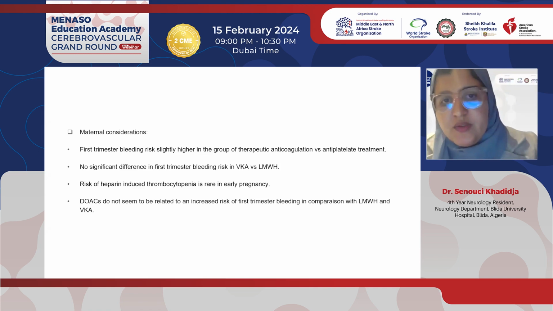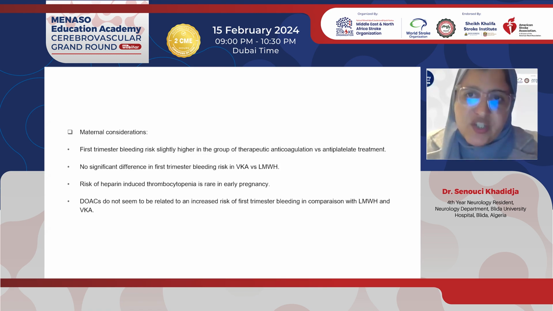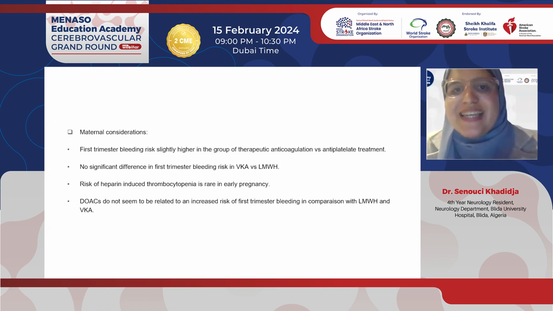DOACs do not seem to be related to an increased risk of first trimester bleeding in comparison with low molecular weight heparins and VKAs. So for maternal considerations, in terms of bleeding risk, there is no significant difference between VKAs and low molecular weight heparins. However, there is an increased bleeding risk in anticoagulation versus antiplatelet treatment, making aspirin a more preferred treatment.